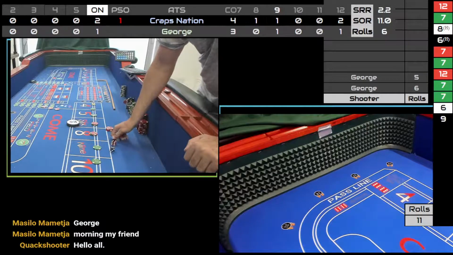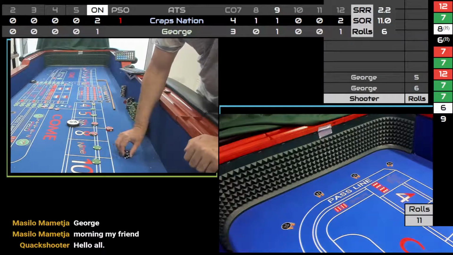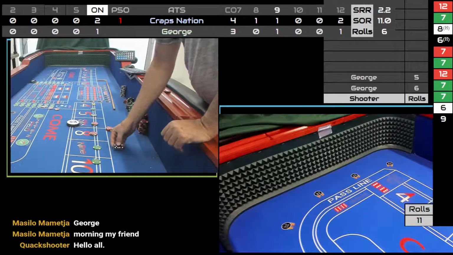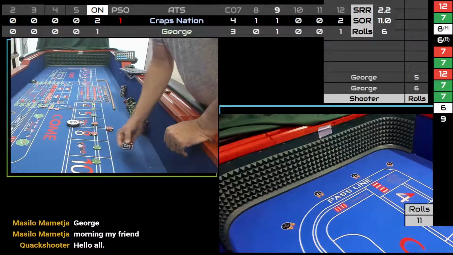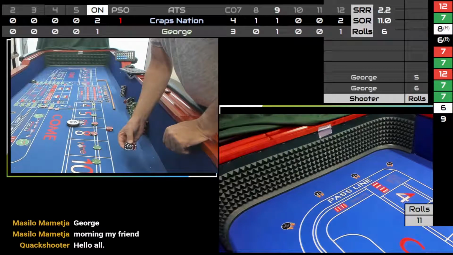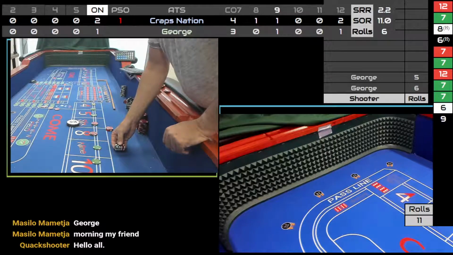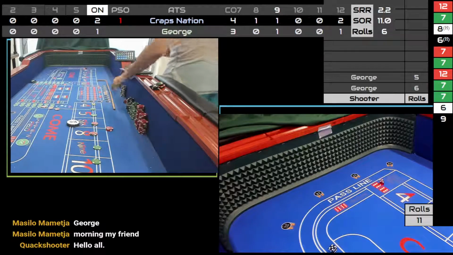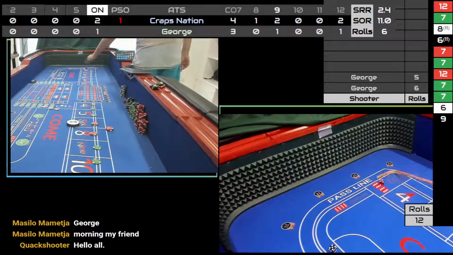I'm going to go 1-5-1-4 now, hoping to stay on the axis. So this is what we do now. We adjust every roll. 1-5-1-4. 5-4-9. Axis primary.